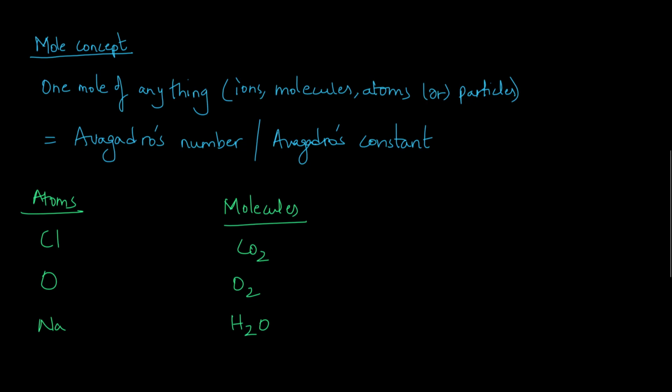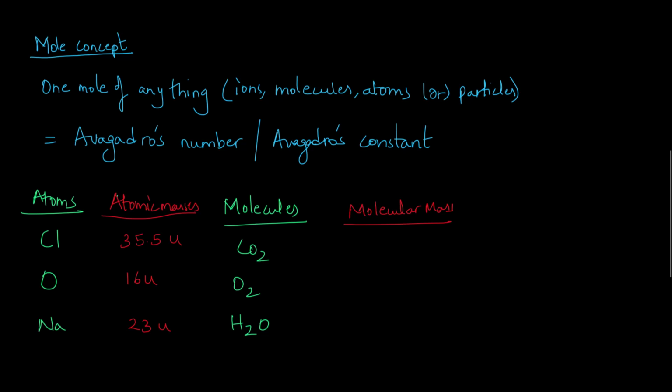Now we'll see about the atomic masses. What is the atomic mass of chlorine? 35.5U, and for oxygen it is 16U. For sodium it is 23U. Similarly, what are the molecular masses?